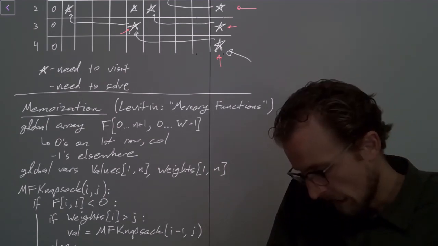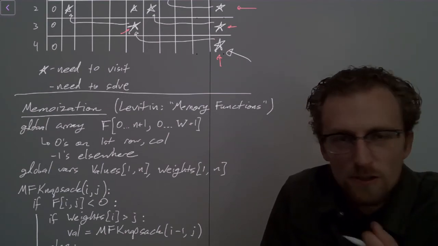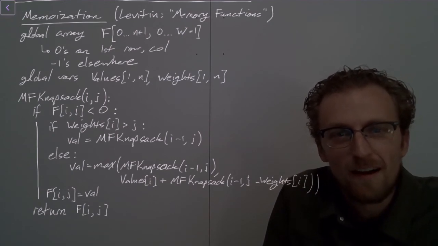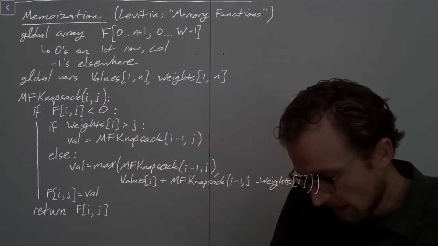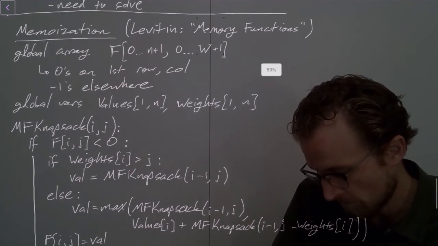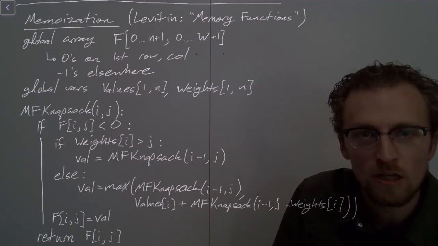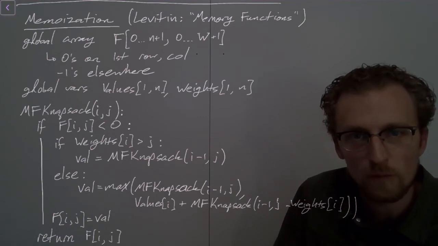Okay, and so this is also called memoizing, which also feels like I'm just using baby talk to say memorizing the answer to the subproblems that I've already solved. And so maybe Levitin doesn't like the term memoization, so he calls this memory functions. And so this is essentially the Levitin implementation of memoization, or a top-down approach to knapsack.